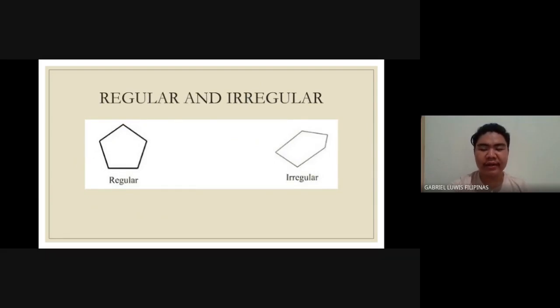A regular polygon has all equal sides, while if the sides are not equal, it is called irregular. In the picture, the regular polygon has equal sizes, while the irregular one doesn't have equal sizes.